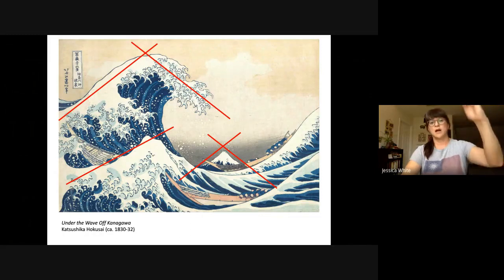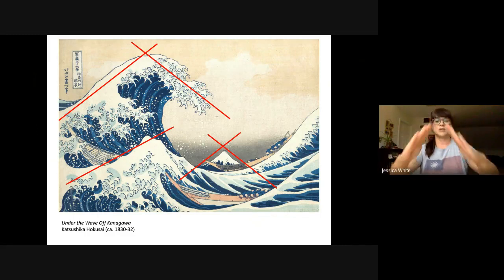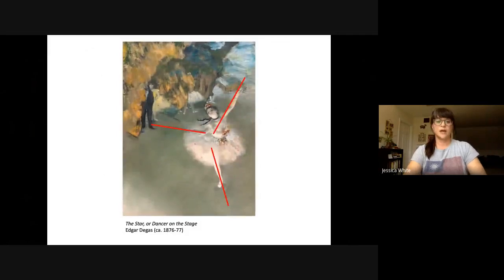Again, we have these high peaks and valleys, and even in the distance, Mount Fuji creates this dynamic peak. And here we have The Star or the Dancer on Stage by Edgar Degas, and we have sort of a burst from the dancer right here that just creates sort of an explosion.